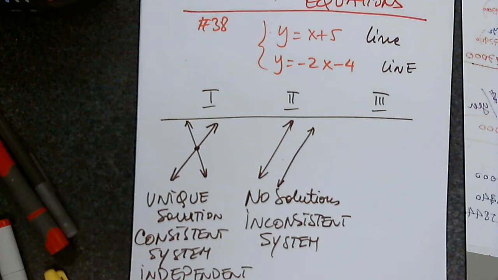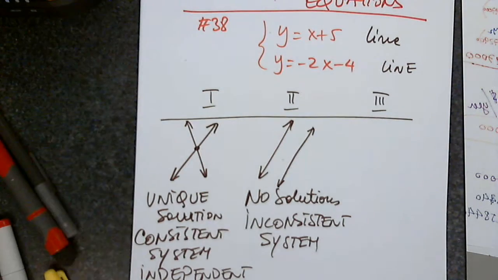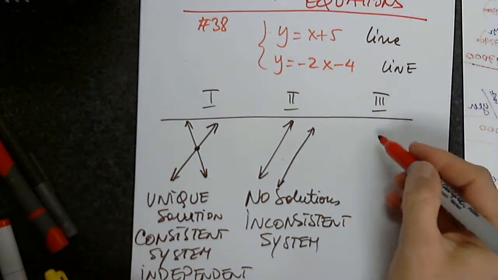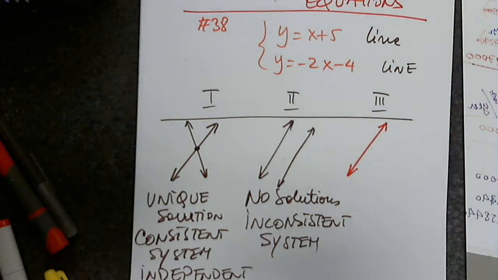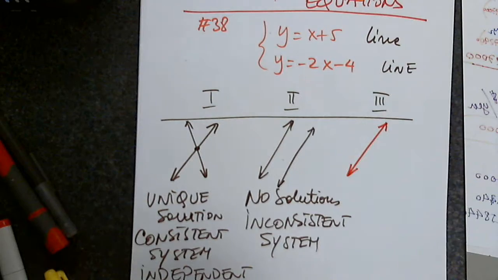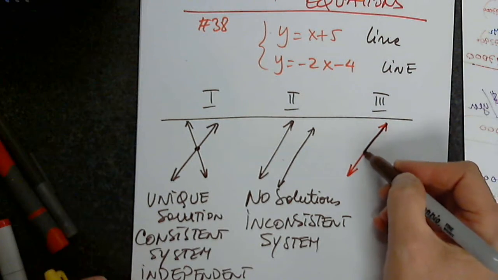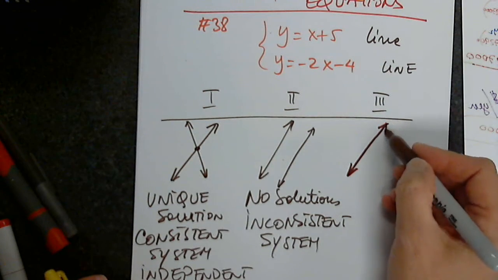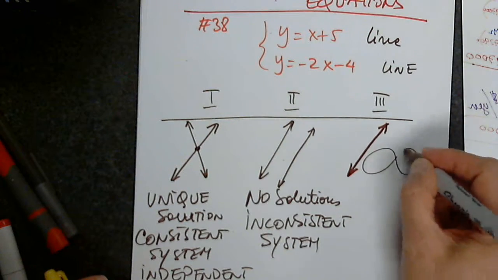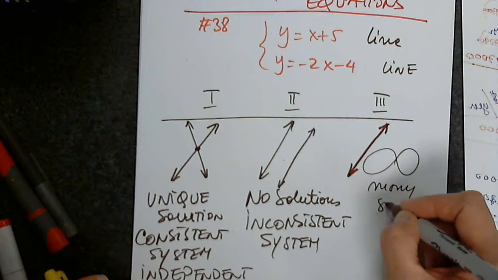This is one line, and this is the other. In how many points do they meet now? All of them. This is one line, and this is the other. So infinitely many solutions.